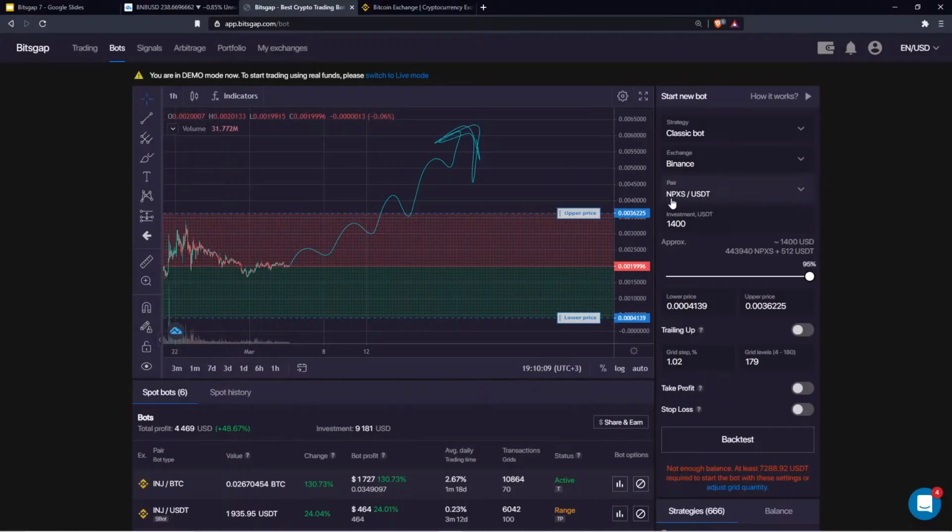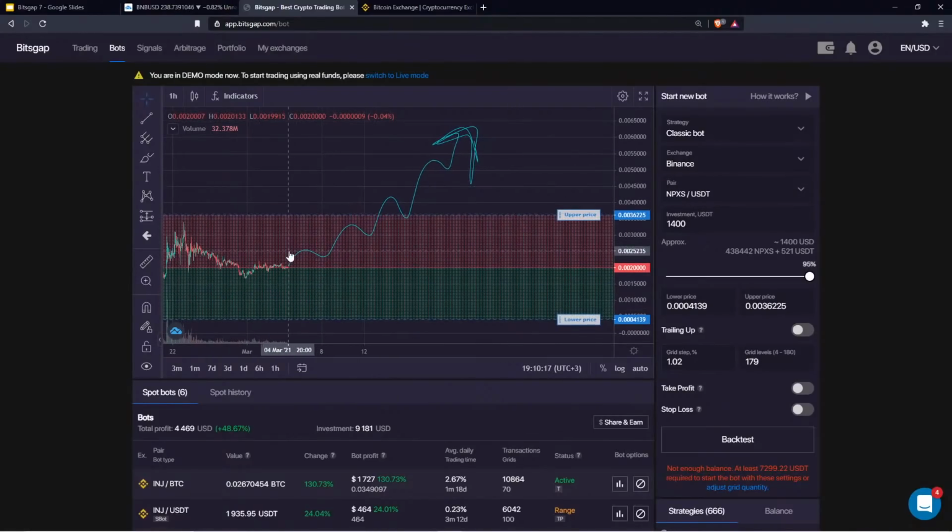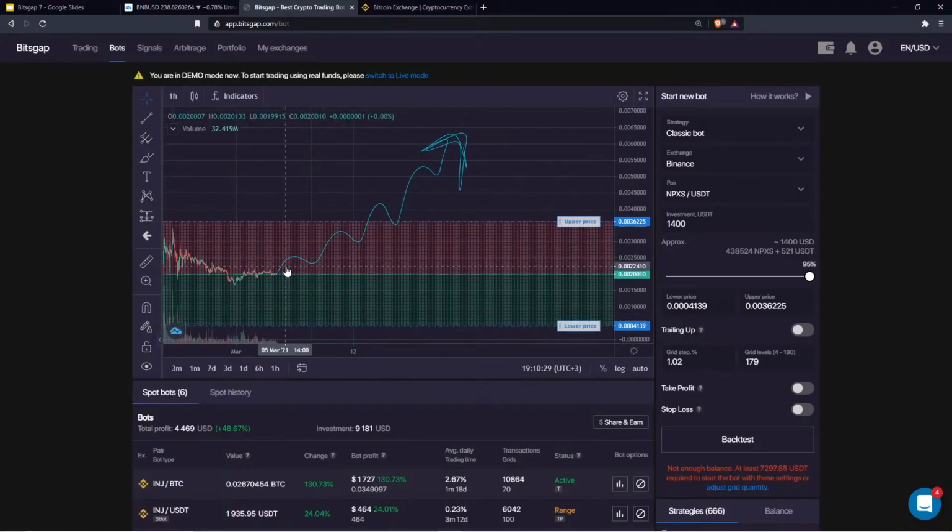So in that occasion, the base currency is NPXS. Alright. The point here is that whenever the price goes higher, that means in order to buy the same amount of crypto that you used to buy when the price traded lower, you now have to spend more money. So that's why when the price rises, your risk exposure increases.